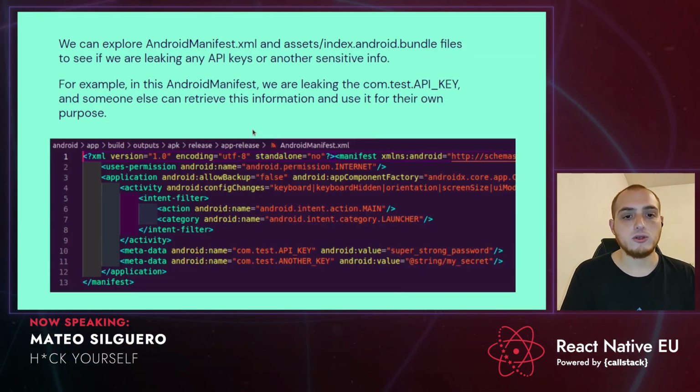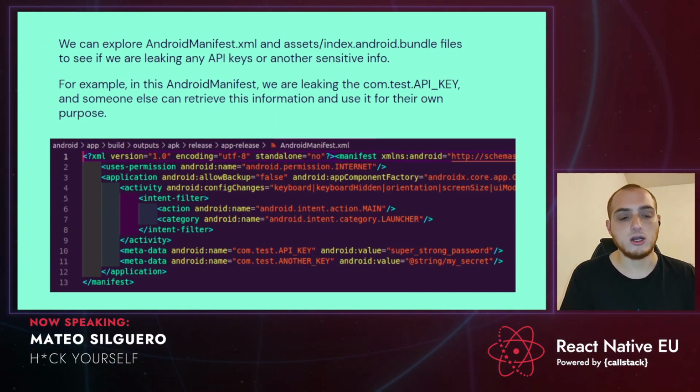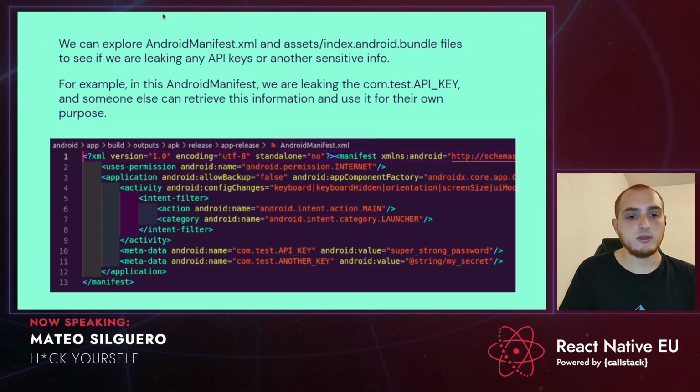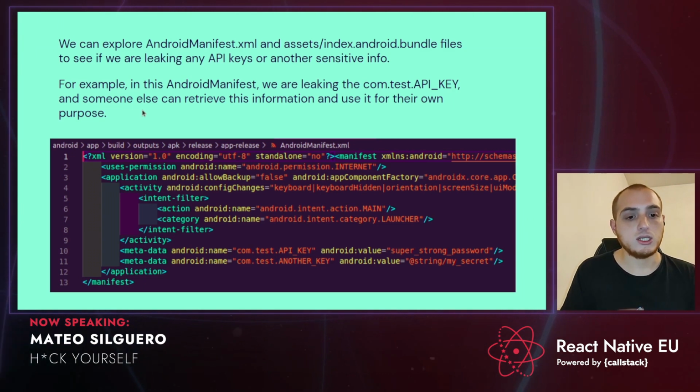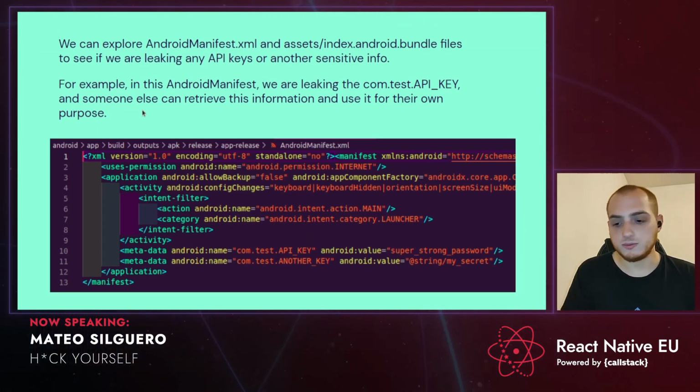Now we can explore the Android manifest XML and the JavaScript bundle to see if we are leaking any API keys or other sensitive info. For example, in this Android manifest, we are leaking the API key, and someone else can retrieve this information and use it for their own purpose.